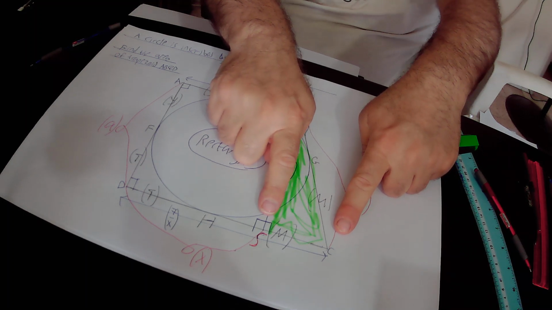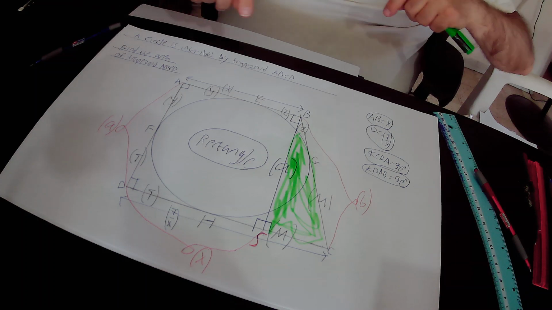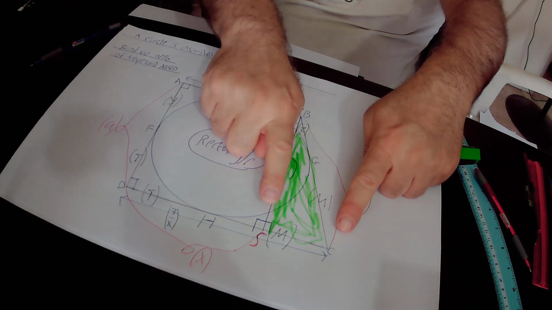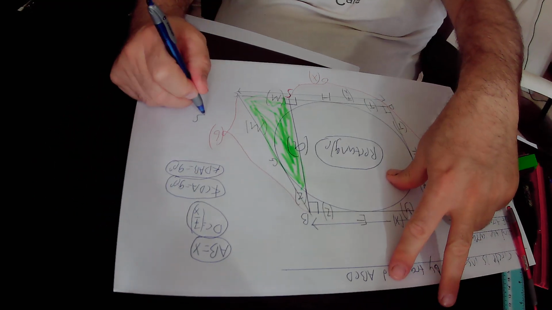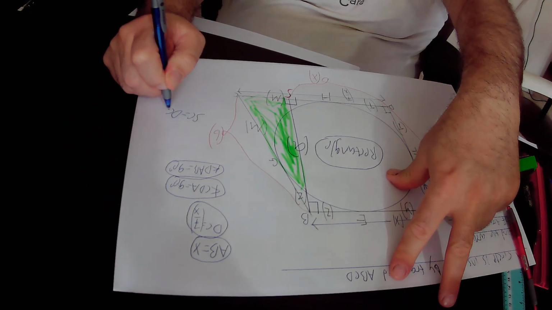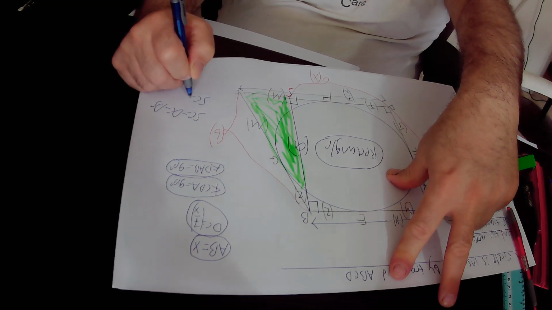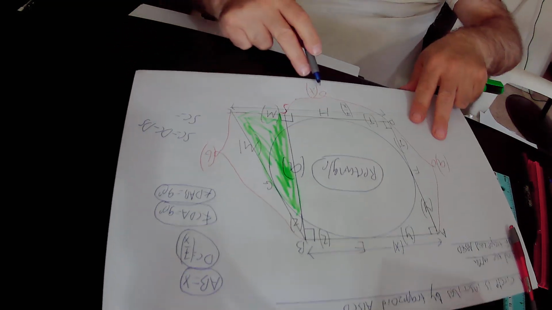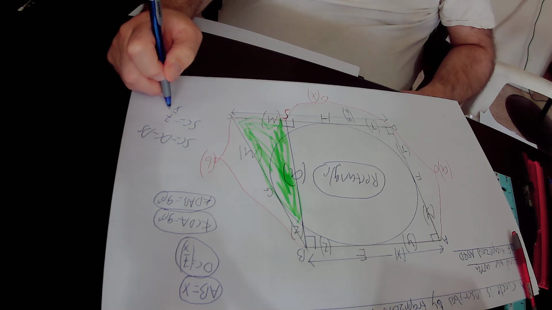From the drawing, it is very easy to see that SC in total equals DC minus DS. So I write it down: SC equals DC minus DS. SC equals DC, which is 7 over X according to what is given in the question, minus DS.